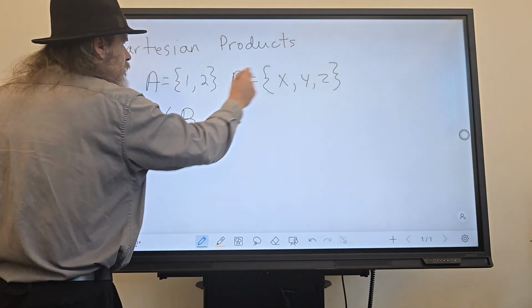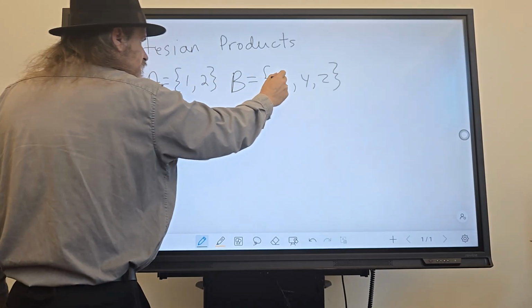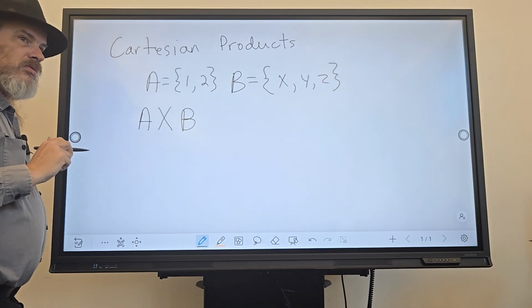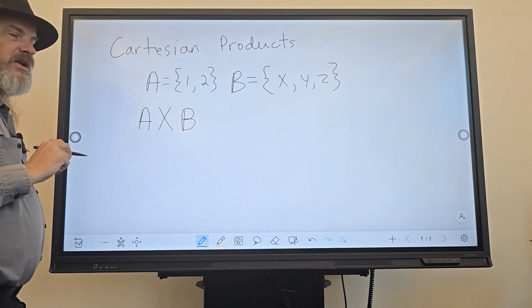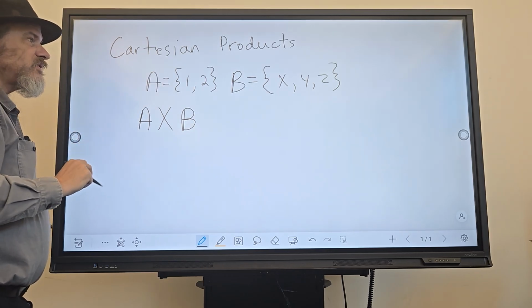You take every combination of A and B, with the A elements in the first spot in the ordered pair and B elements in the second spot.